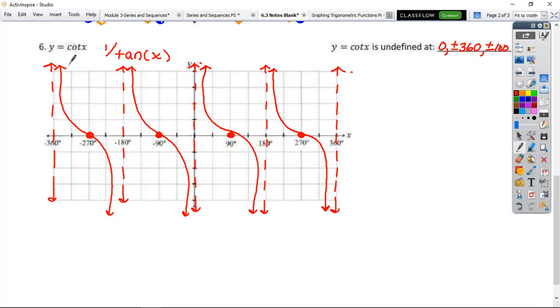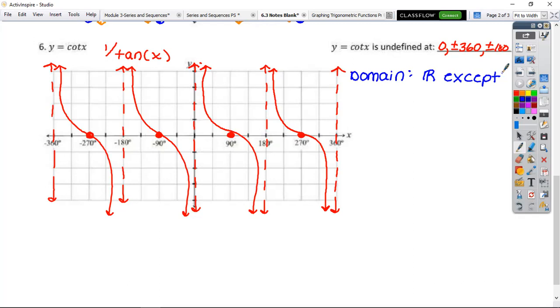Great. So domain and range from last. So my domain, does it have a restriction to it? It does. So domain is going to be all reals except, again, you would have an asymptote at 180, at 360. If you kept adding 180, would you still have asymptotes?